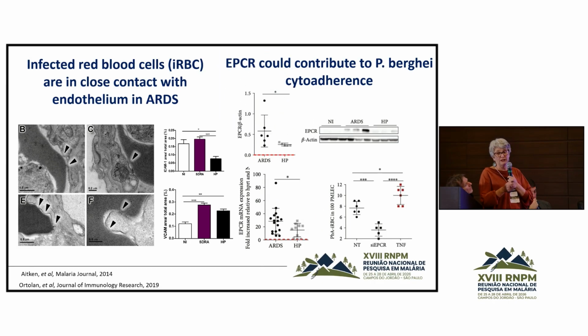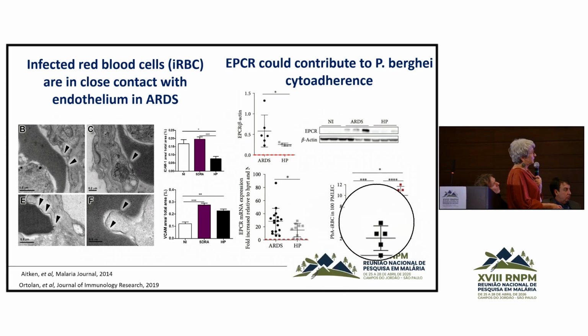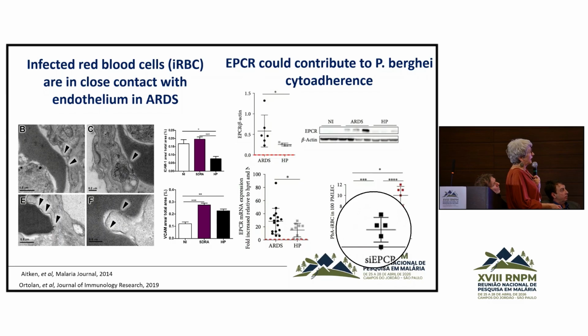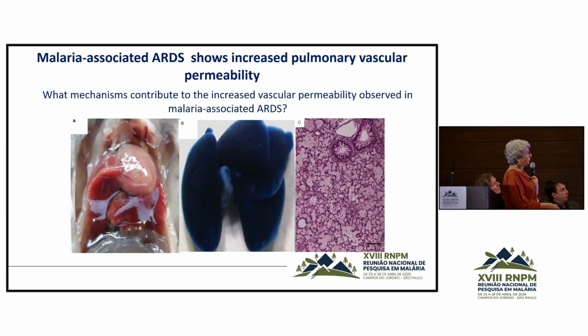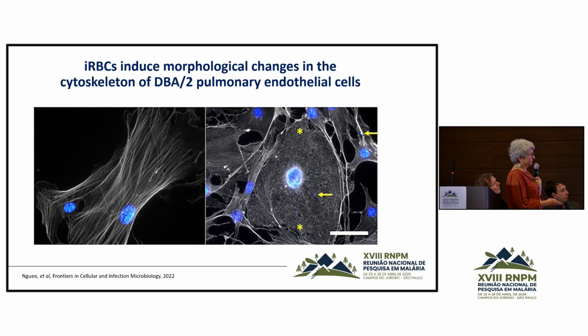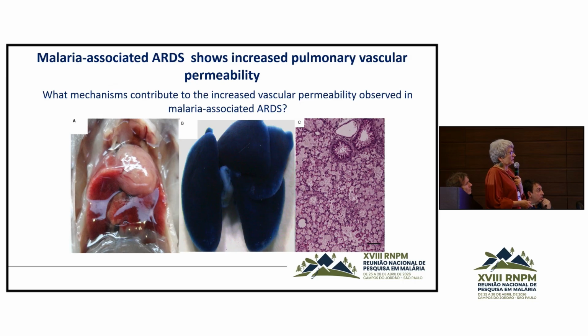So in the assay that we had the knockdown of EPCR, we observed that from this knockdown there was smaller cytoadhesion of the endothelial primary cells of mice isolated from lungs compared to the non-infected and non-stimulated, because there was no knockdown.